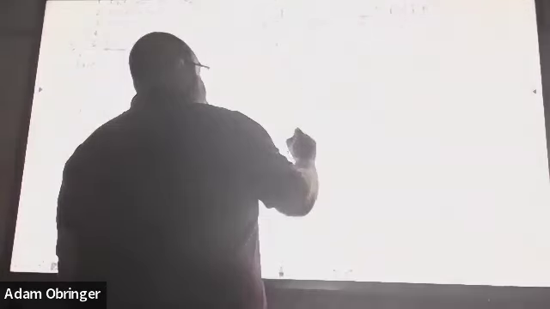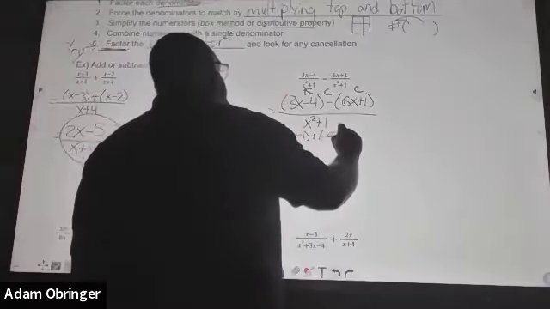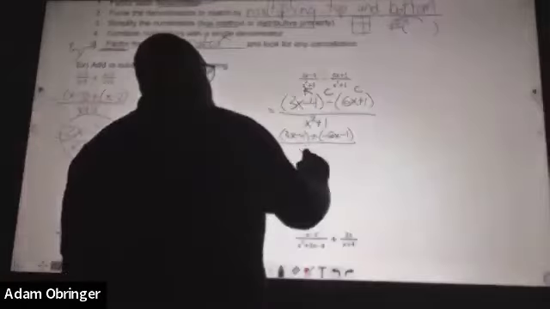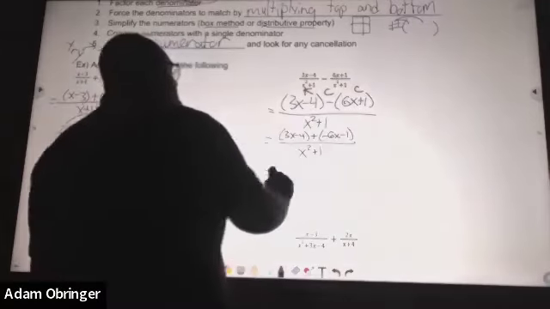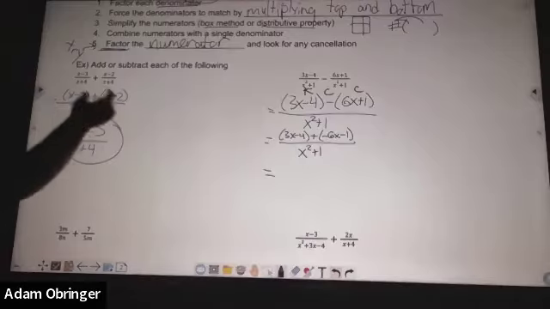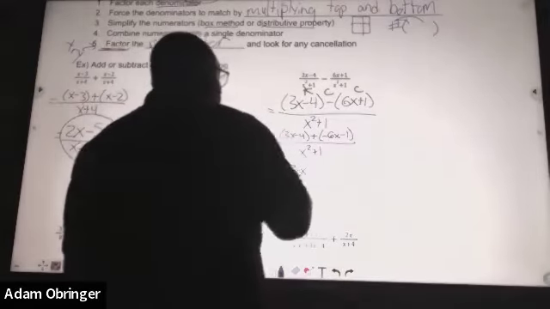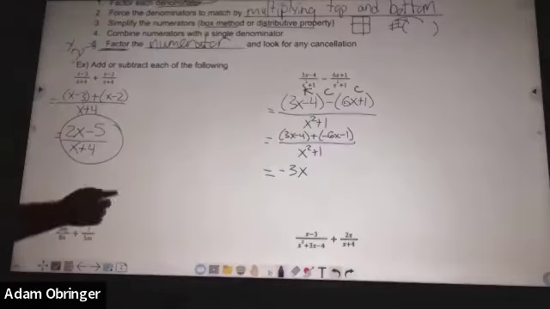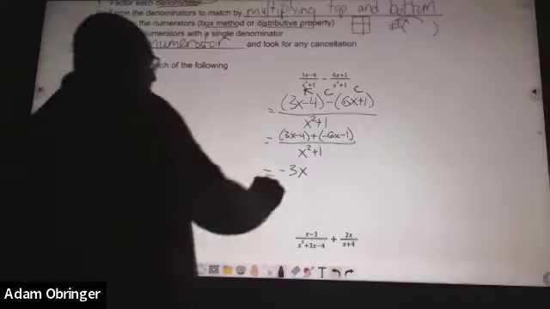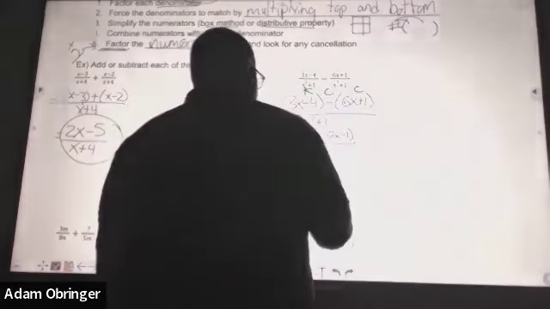So 3x minus 4 plus negative 6x minus 1 all over x squared plus 1. Now that they are an addition problem, we can add them. 3x plus negative 6x makes a negative 3x. And negative 4 plus negative 1 is a negative 5 over x squared plus 1.